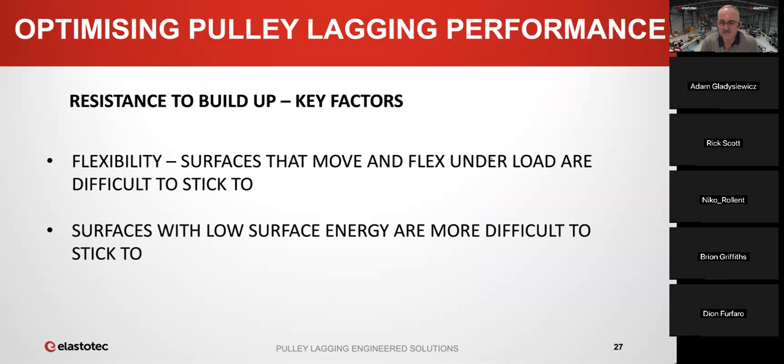Low surface energy means that it's difficult for something to stick to. So low surface energy is things like PTFE or Teflon. We don't obviously use that in lagging, but polyurethane has quite low surface energy, and that's probably the lagging that has the best inherent release properties and resistance to build up.